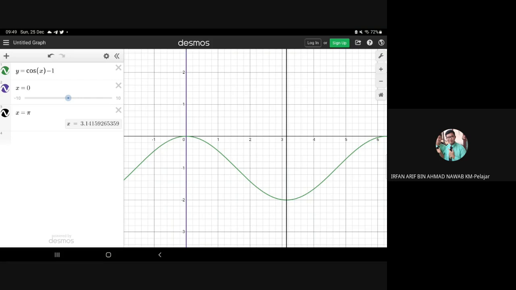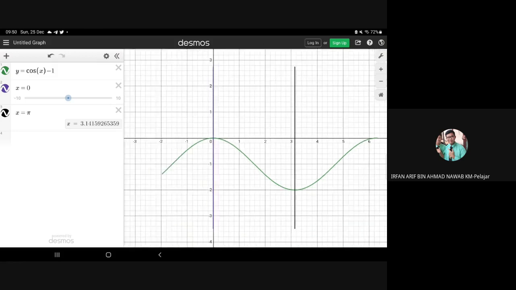So I'll be saying that in this range, since it has something to do with absolute minimum and absolute maximum, this particular range of x will always give my cosine of x minus 1 as 0.